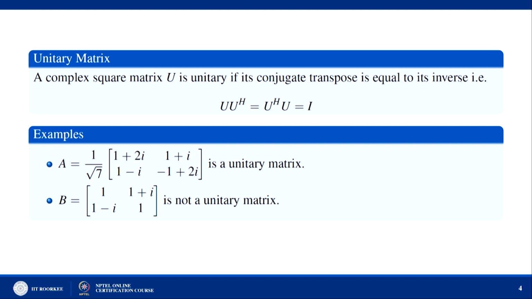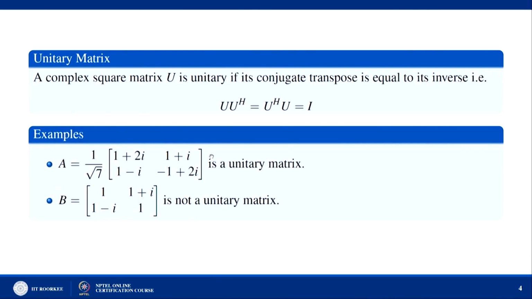Next is the unitary matrix. A complex unitary matrix is a complex square matrix in which the conjugate transpose is equal to its inverse. If you take the conjugate transpose and it is equal to its inverse, then we say that the matrix is a unitary matrix.